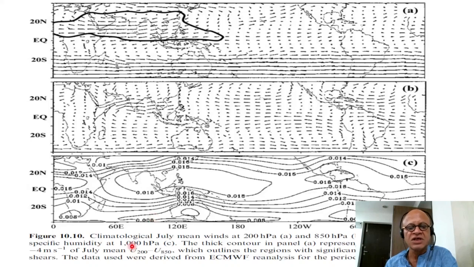So you start with this figure of climatological July mean winds at 200 hectopascal, 1000 hectopascal, and this dark line here shows the region where the vertical shear is 4 meters per second, so it's a region of strong vertical shear. So in the upper level you have the easterly jet, in the lower level you have the southwesterlies basically becoming westerly here over the Arabian Sea, Indian subcontinent onto the Bay of Bengal.